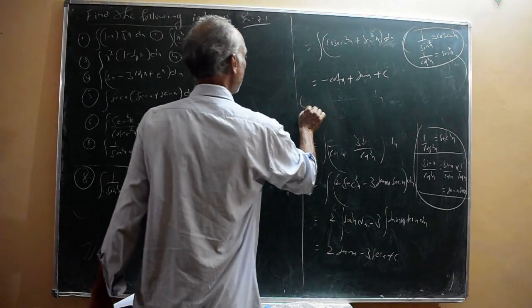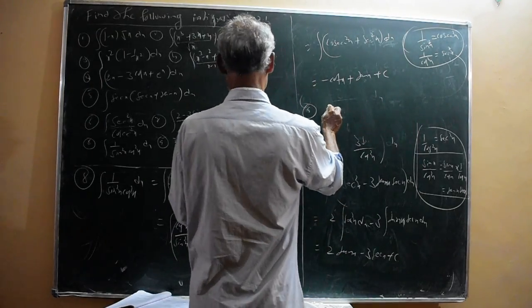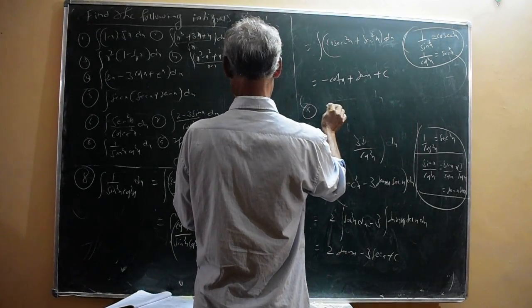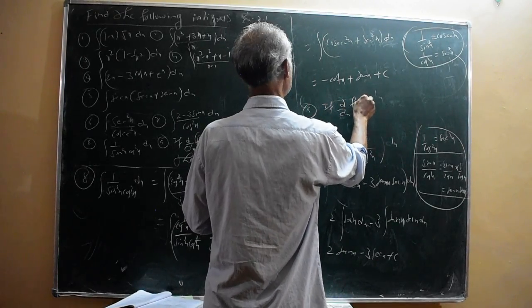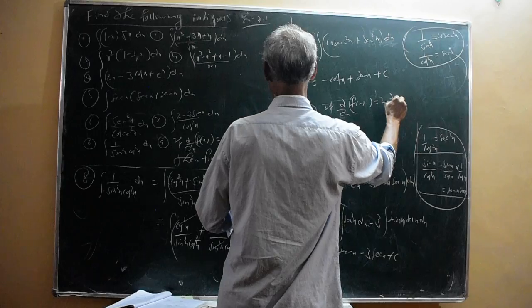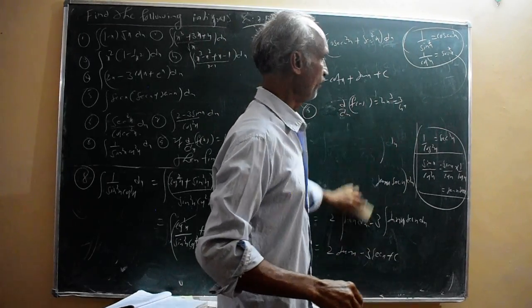Next one. If d by dx of f of x is equal to 4x cubed minus 3 by x raised to 4, given. I have to work out the f of x value.